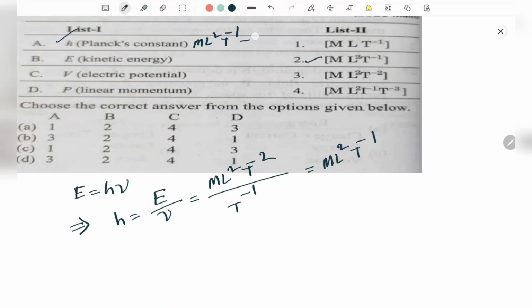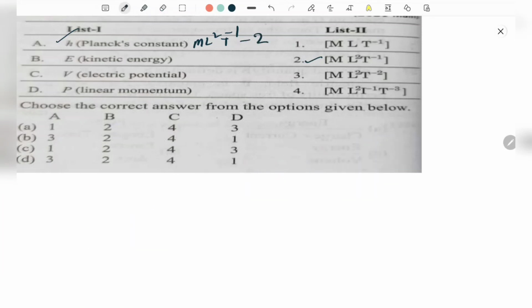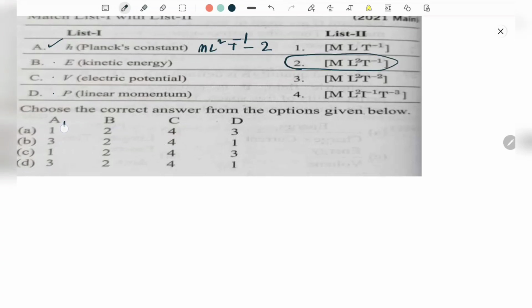That matches with this option 2. As you go down, getting the dimensions from here to here, you should also be looking at your options. As we go down, we see there is no such option, so this answer might be incorrect. But let us go on further.